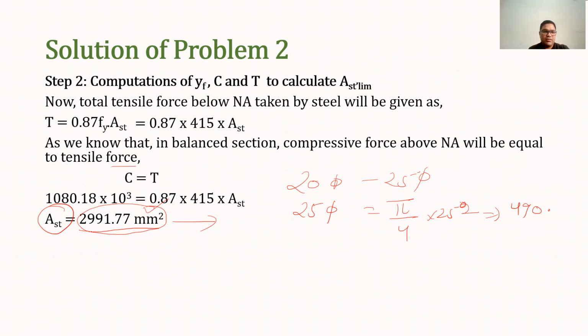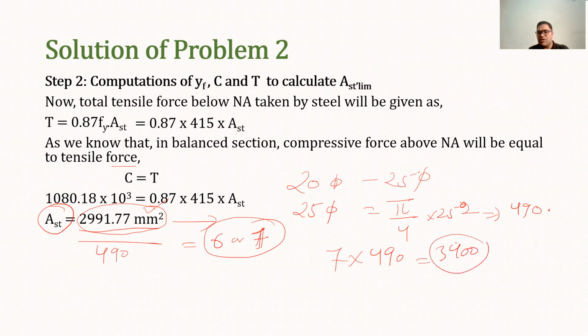If we divide this by 490, then it will be around 6 or 7 bars. Basically it will be 7 bars, and 7 multiplied by 490 will be around 3400.